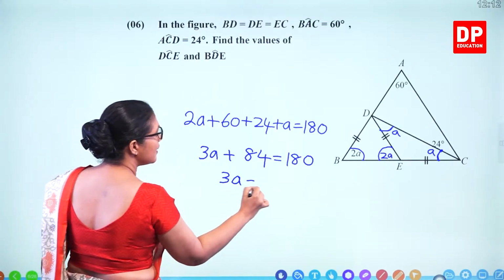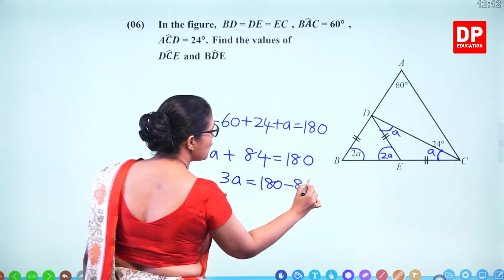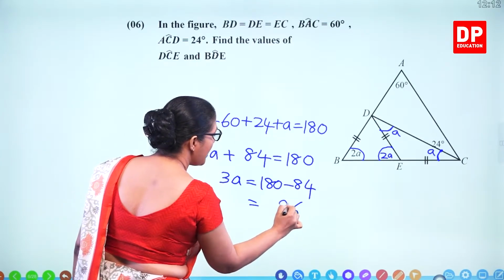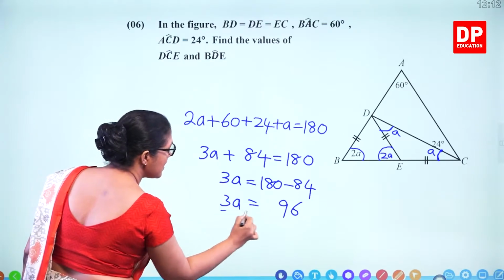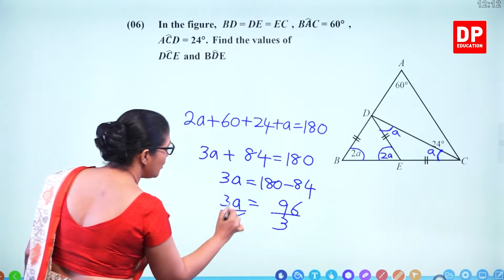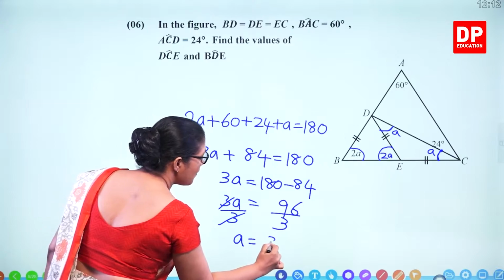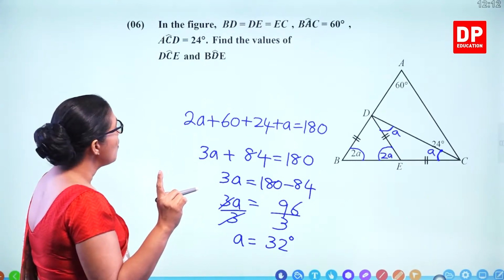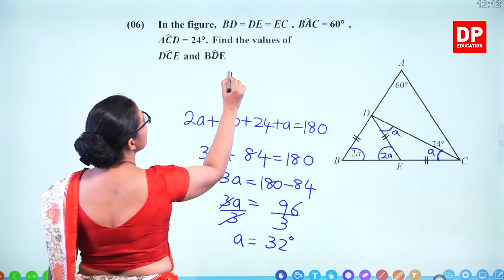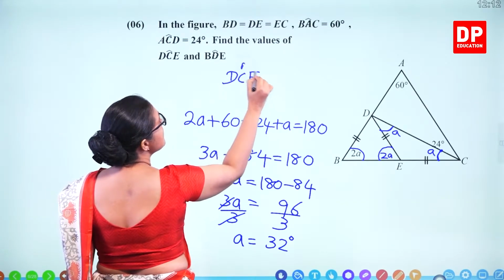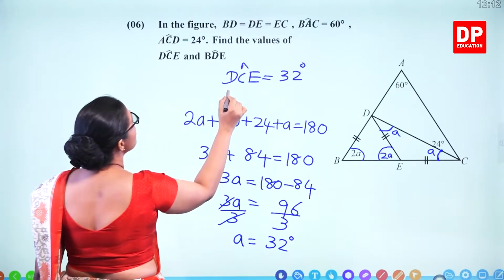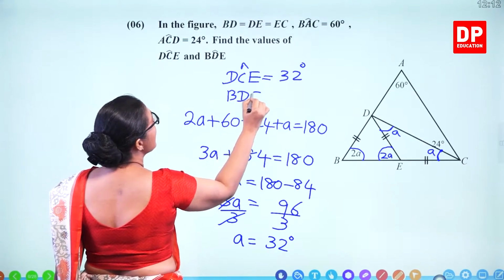What's 3A? 180 minus 84. You get 96. So 3A equals this. Divide by 3. You get A value. That's 32 degrees. Now we can answer the questions. What is DCE? DCE angle is A here. That means 32 degrees.